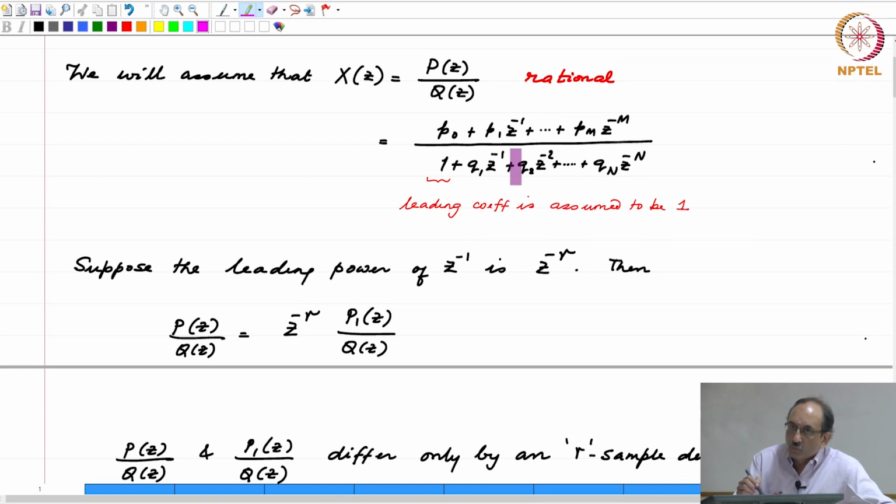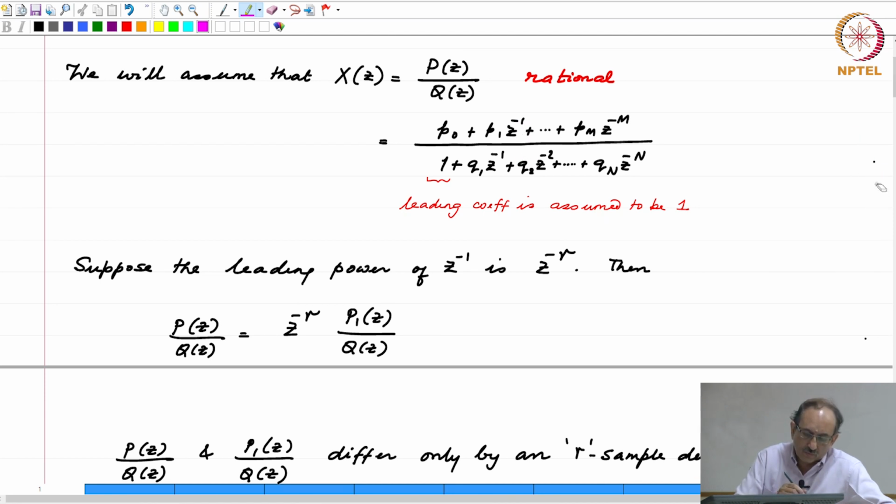Whereas if you use the command residue, that is applied to the Laplace case, and if you recall in the Laplace case, if X of s is of the form P of s over Q of s, the polynomial is in powers of s rather than s inverse. So, that is the difference between residue and residuez, the form of the assumed polynomial.